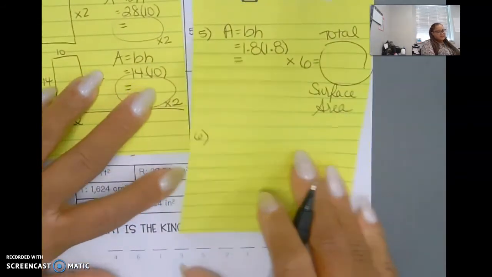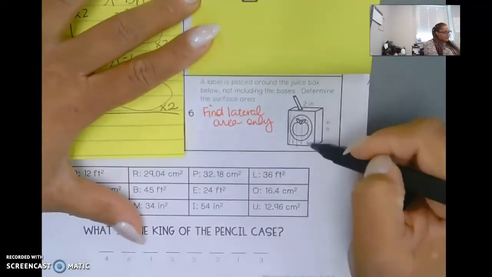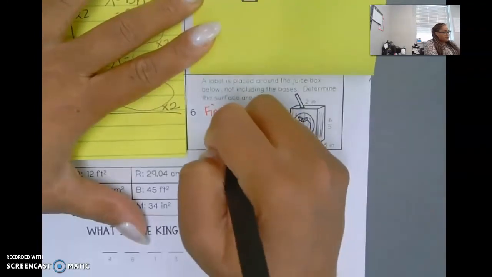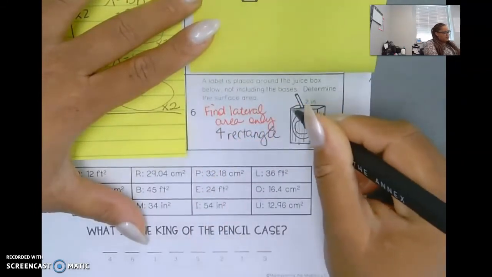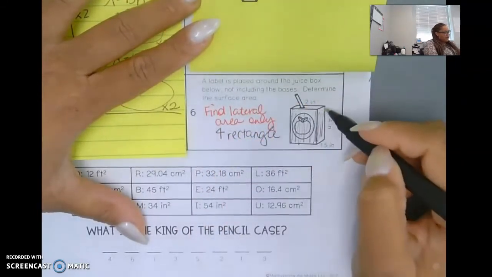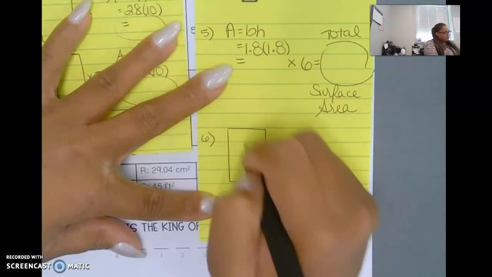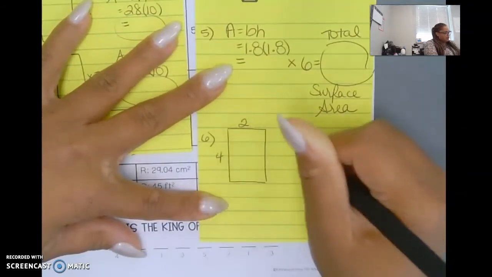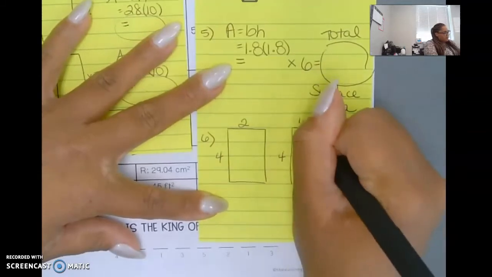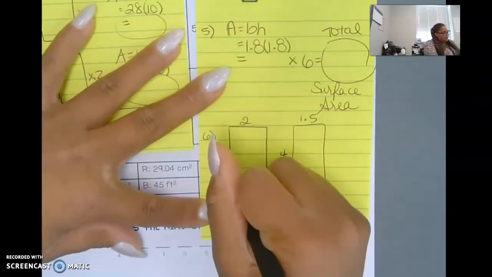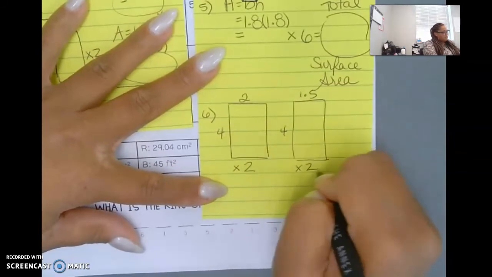And then number 6, find lateral area only. So that's this rectangle and this rectangle here. Lateral is only 4 rectangles. So that's a 2 by 4 and a 4 by 1.5, and I have times 2 for each.